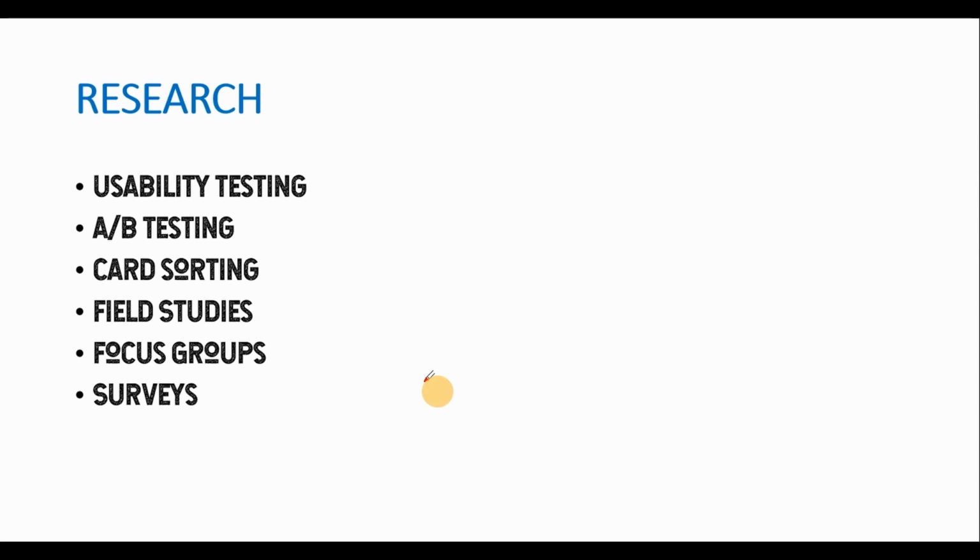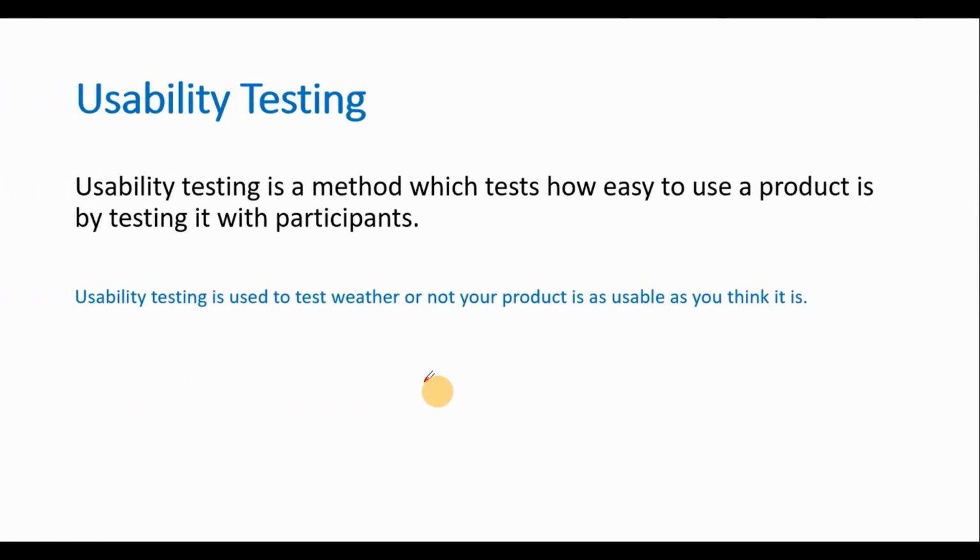In research for UX, you look at usability testing, A/B testing, card sorting, field studies, focus groups, and surveys. These are the things you need to understand when you're doing your UX research before you dive into creating your product.